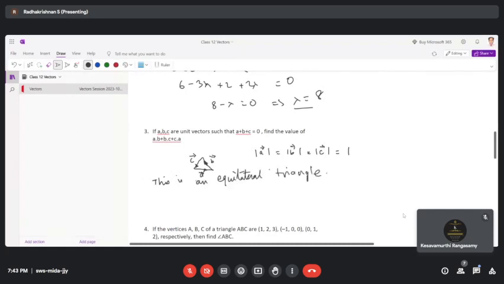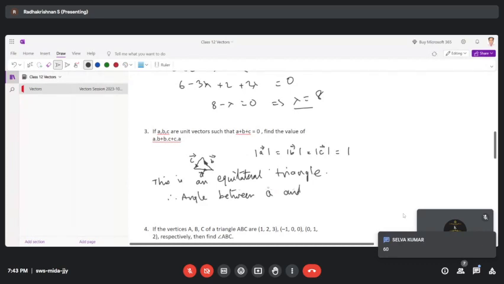That means, what is the angle between A and B? Can somebody say?